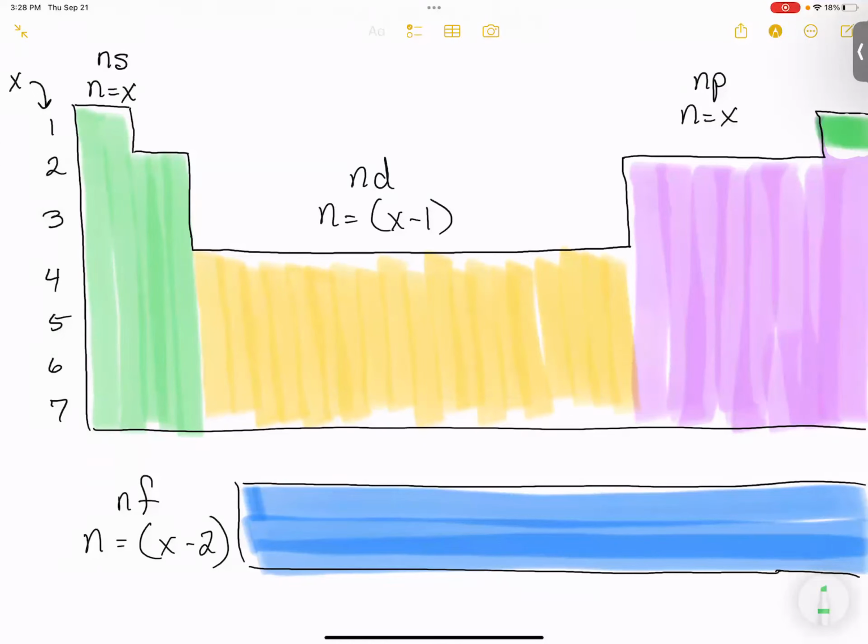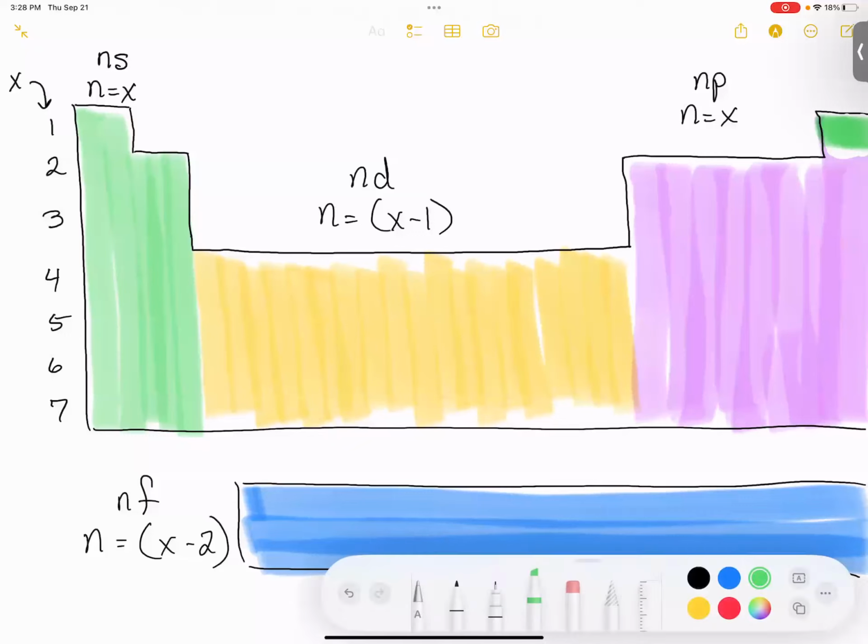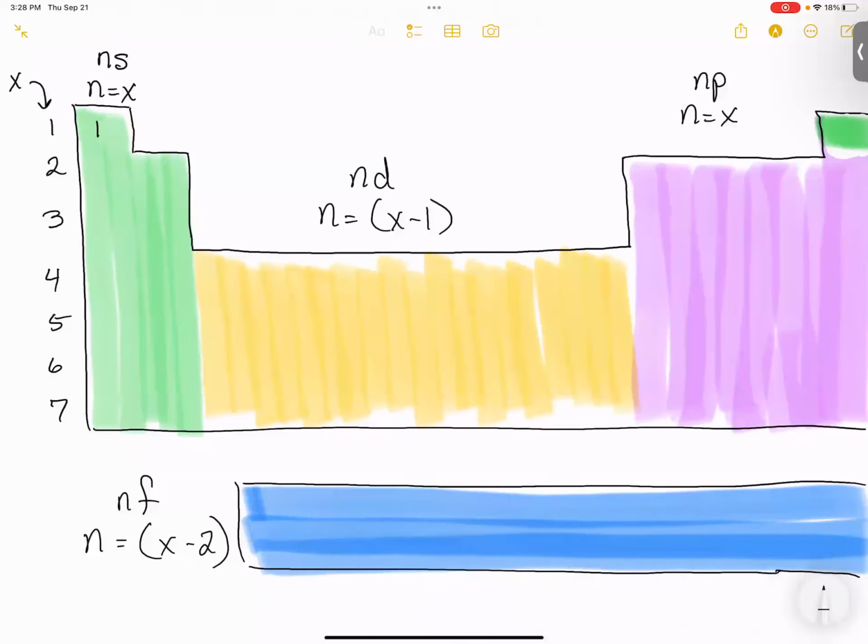So if you wanted to look at it from a slightly different perspective, you could say, okay, hydrogen and helium are 1s.